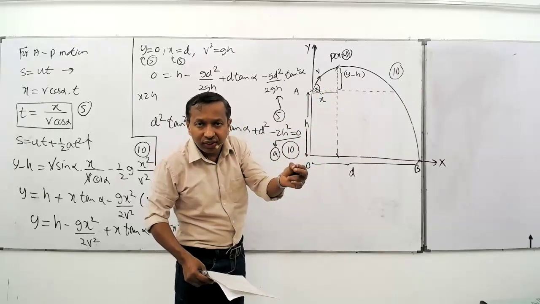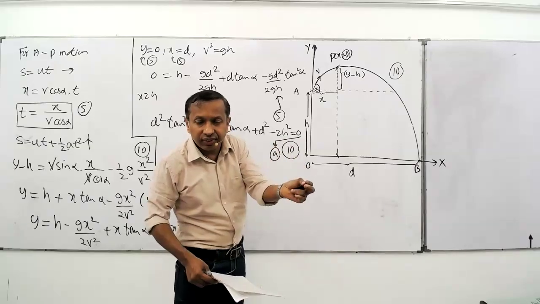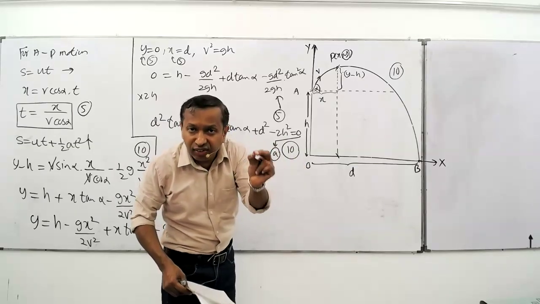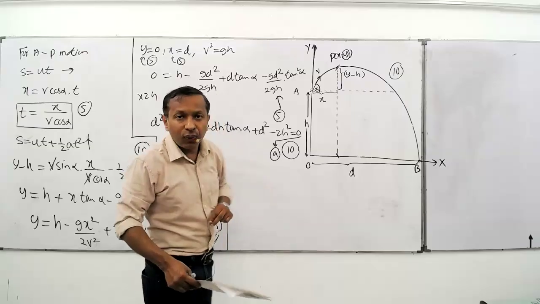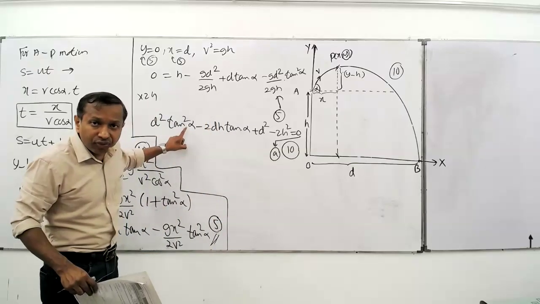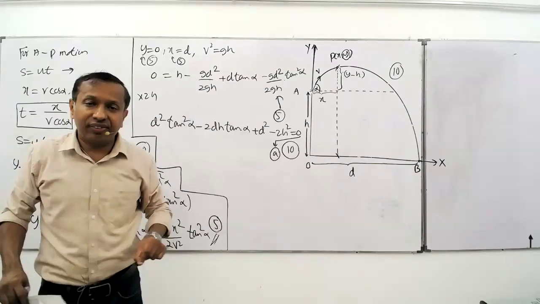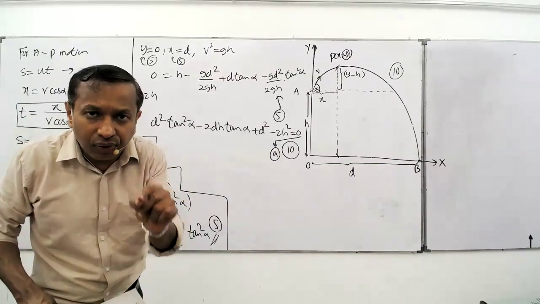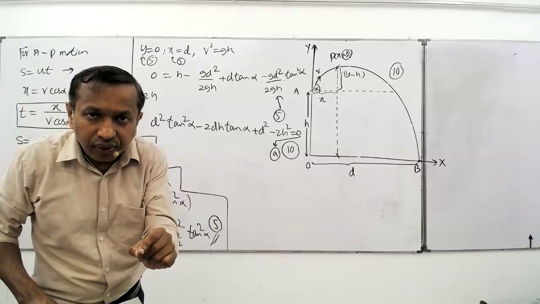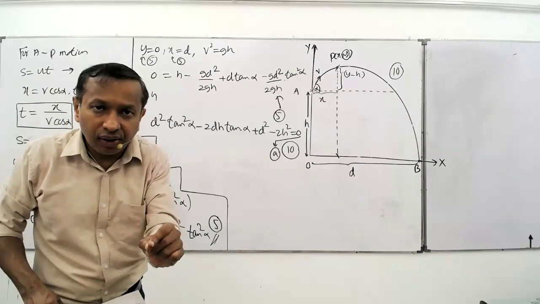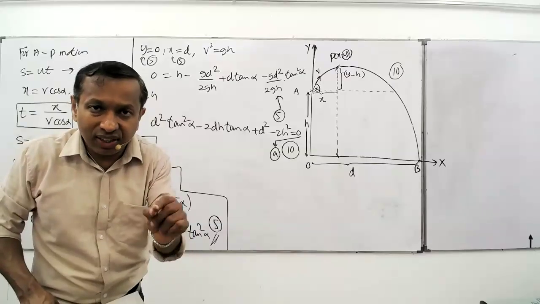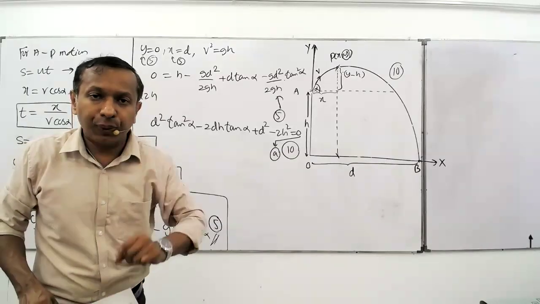If alpha is 30, tan alpha means tan 30, which is a real value. Therefore, in this quadratic equation of tan alpha, since tan alpha is real, the roots are real when its discriminant delta is greater than or equal to 0.